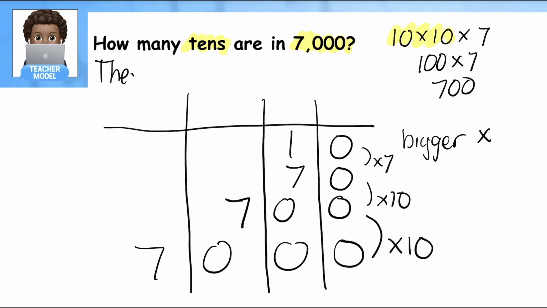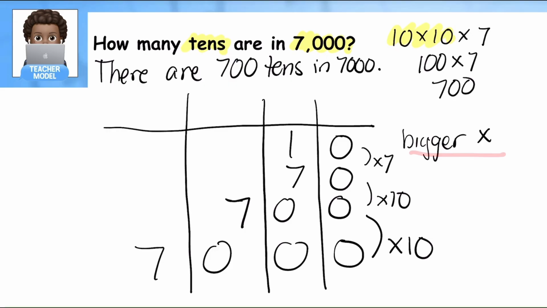So there are 700 tens in 7,000. So again, before you write this down, think: I had to first ask myself, is my number getting bigger or smaller? And then I had to look at that first digit to make the change. This is not the only way to solve this problem. I'm going to ask you to hit pause and jot this one down because I can see other ways that kids can understand and solve this problem.